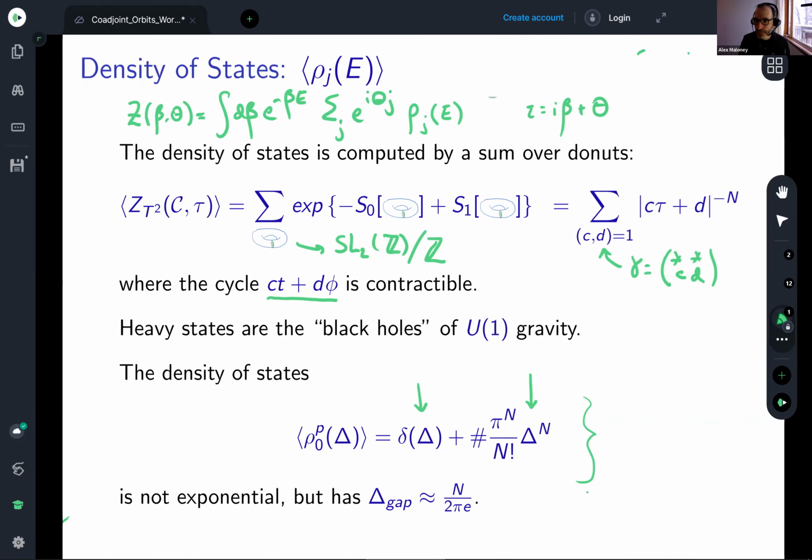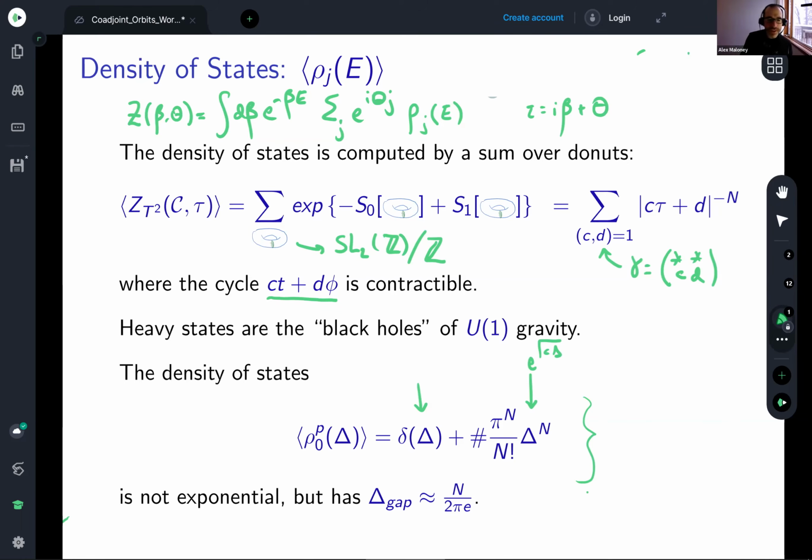Now, this is a very simple theory of gravity that differs from Einstein gravity. In Einstein gravity, you would expect e to the square root of central charge times delta. That's e to the area of the black hole in Planck units. Now, in this simple theory of gravity, that exponential is being replaced by a power law.